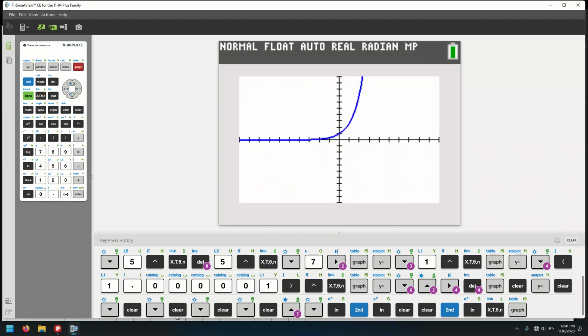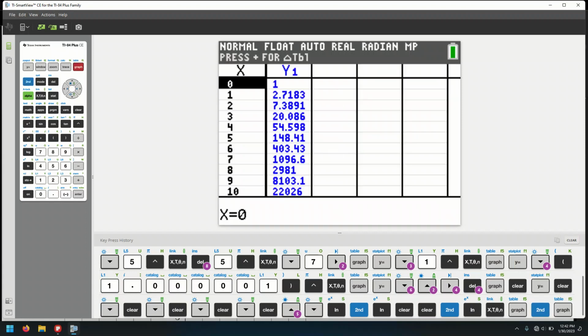The graph doesn't look much different than, for example, 2 to the x or 3 to the x. Because it's e to the x, the number e is between 2 and 3. It's 2.71. What about the values that this function outputs? There are no integers as outputs.